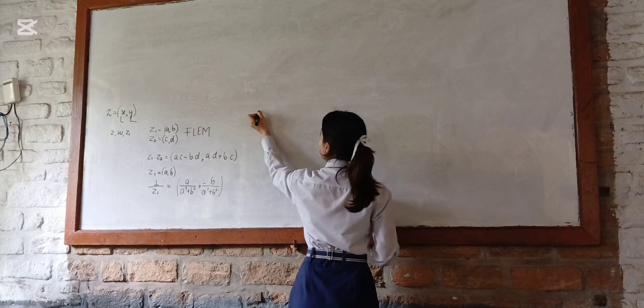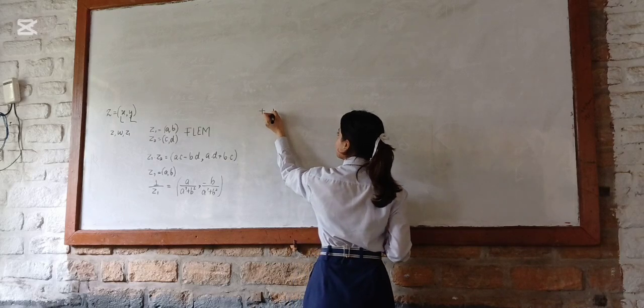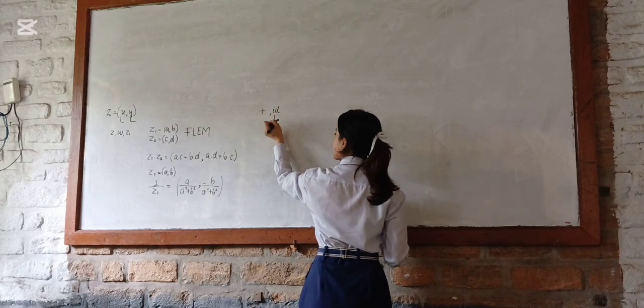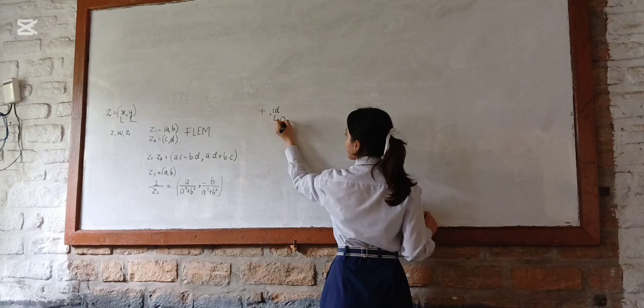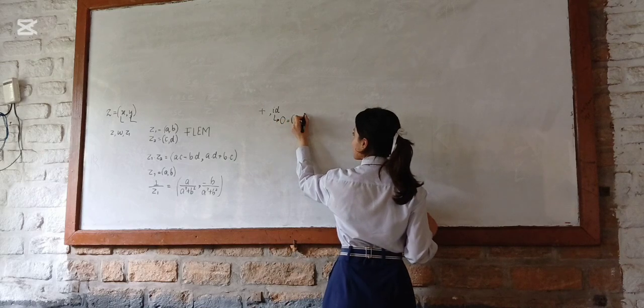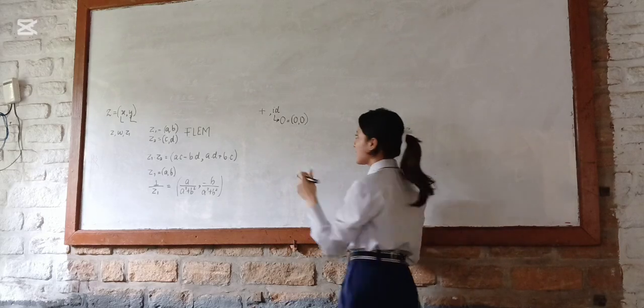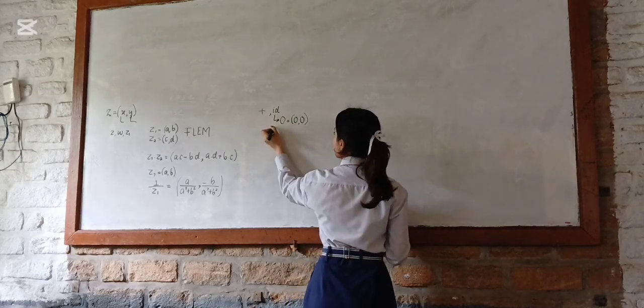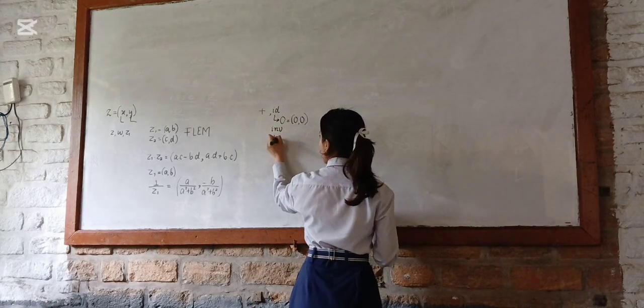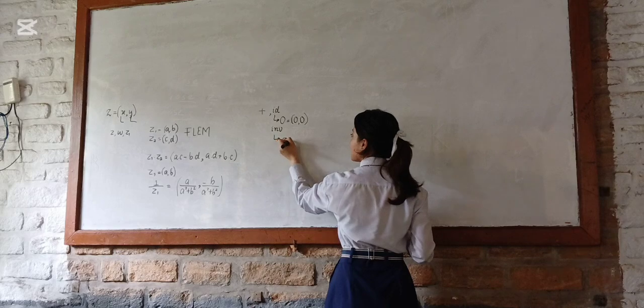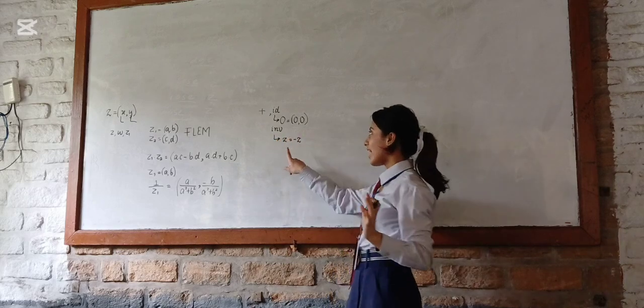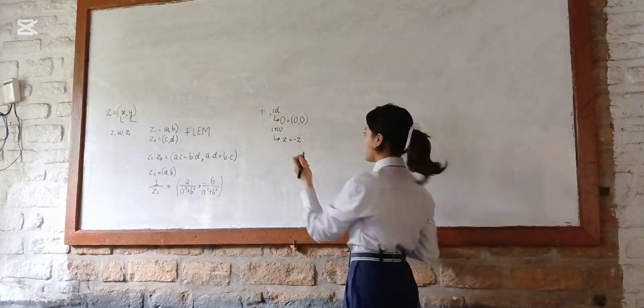Let's talk about additive identity. The additive identity of a complex number is (0, 0), such that if we add this to any complex number, the value will be the same. The additive inverse of a complex number Z will be minus Z, such that if we add Z to minus Z, the answer will be 0.